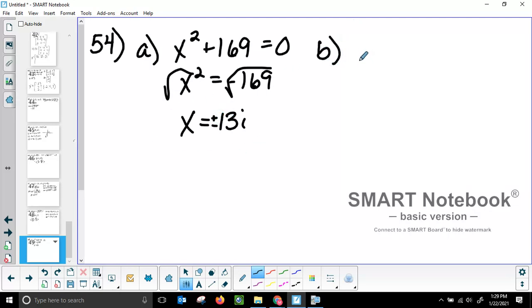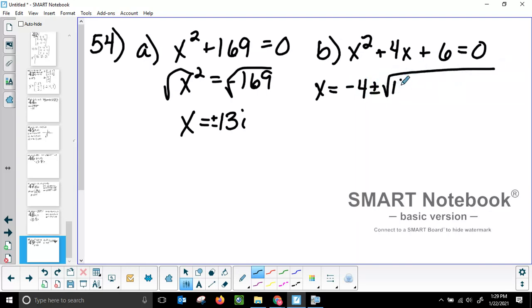All right, b, we have x squared plus 4x plus 6. This isn't going to be factorable, and it's not even going to have real solutions, but we can still do x is equal to negative b plus or minus the square root of b squared minus 4ac, all divided by 2 times a.